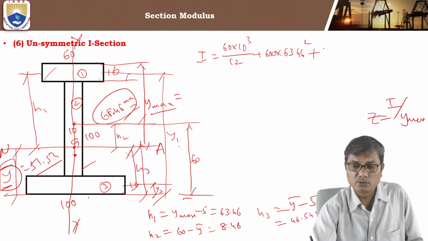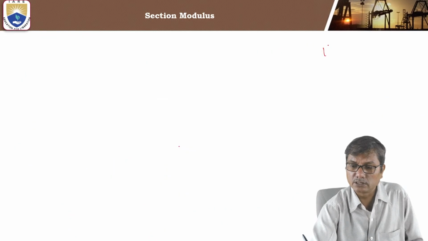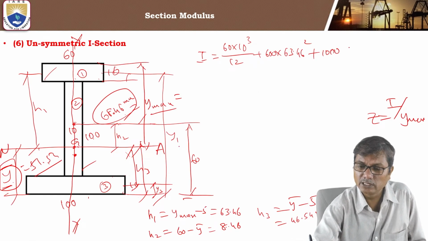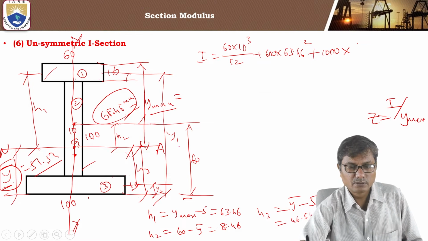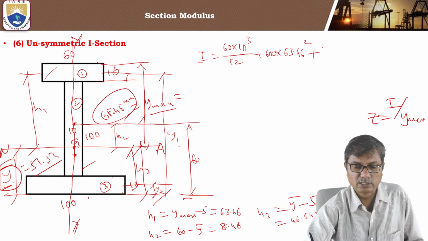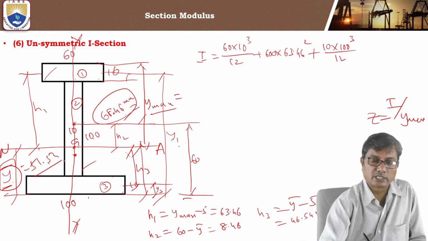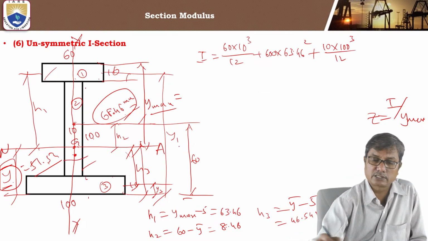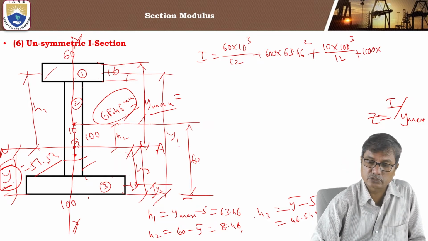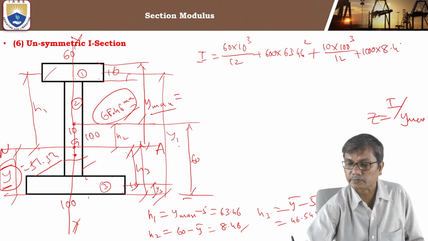So for A2 now, it is 1000 into, first the centroidal moment of inertia we have to find out. How much is it? 10 into 100 cube by 12. Base is 10 for this web portion and height is 100. BD cube by 12 plus AH square: 1000 into h, here h2, 8.46 square.